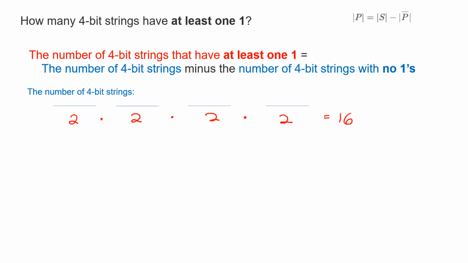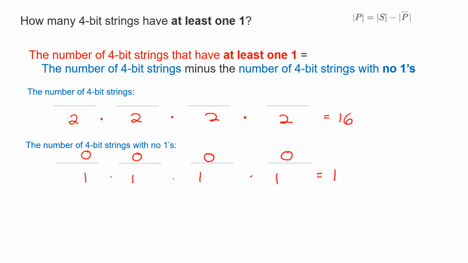But now we would want to subtract the number of 4-bit strings with no ones. Let's see if we can figure that out. Well, if there are no ones in there, then let's think about how many options there are for each slot. We'd have to have 0, 0, 0, 0 as the only 4-bit string with no ones, right? So how many options are there?